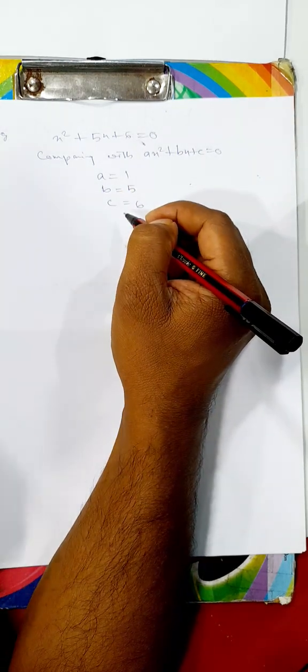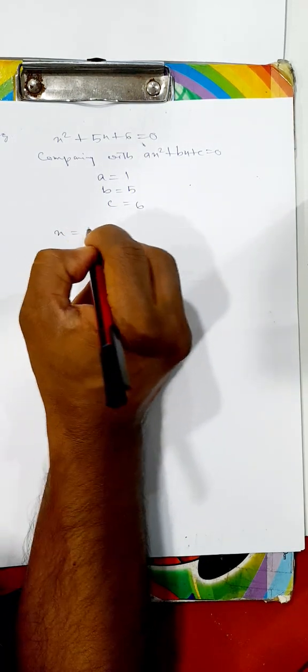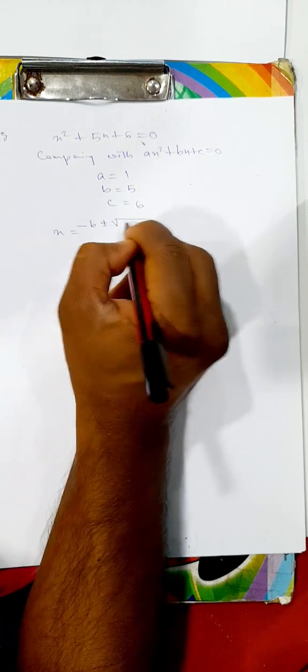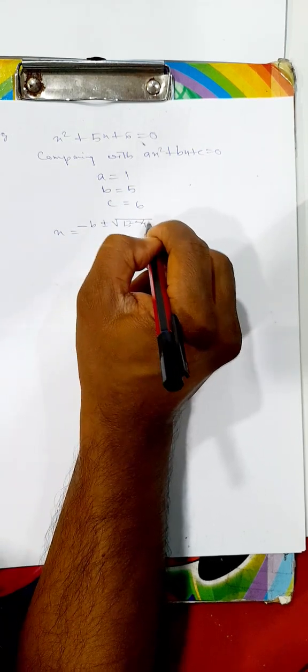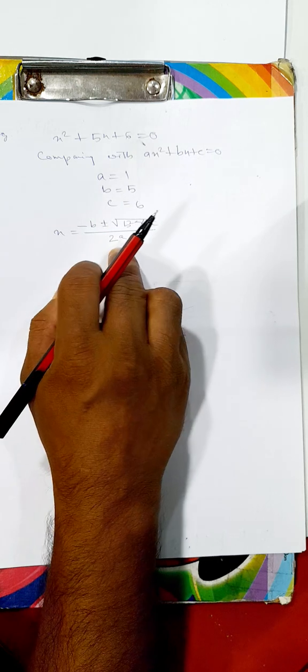Now you see, let us try to solve this by remembering the formula. X equal to minus b plus minus square root of b square minus 4ac divided by twice a. Roots of this equation are this.